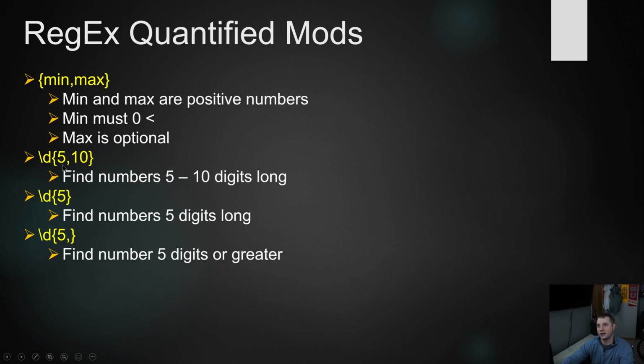I want the digits 5 through 10 in whatever location this is in your regex. If you don't want a range and you just want the next 5 digits, use backslash d and then put a 5 here. If it's 5 or more, you do backslash d, then 5, comma, with nothing, and that would be 5 or greater.